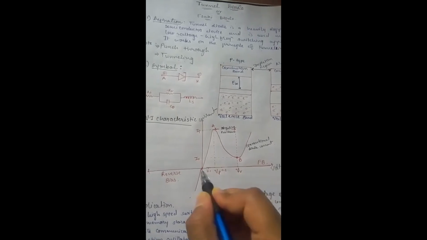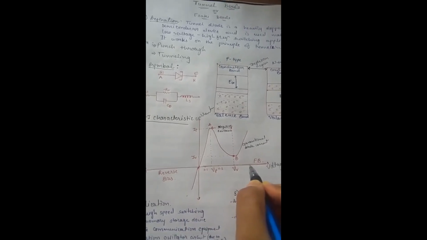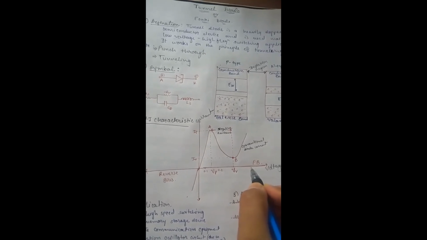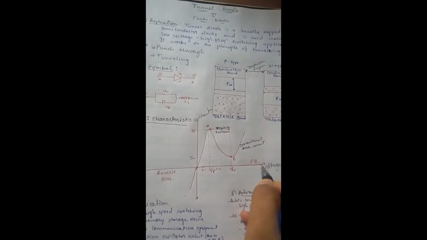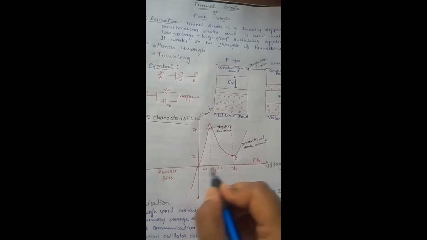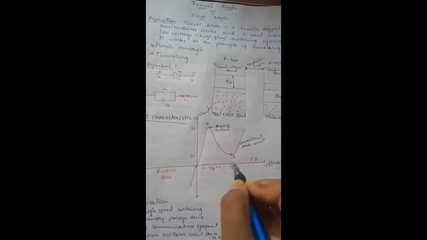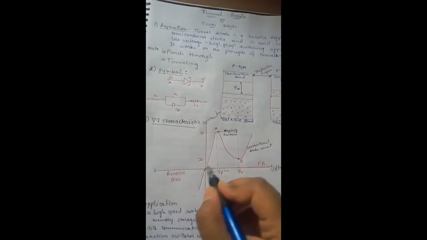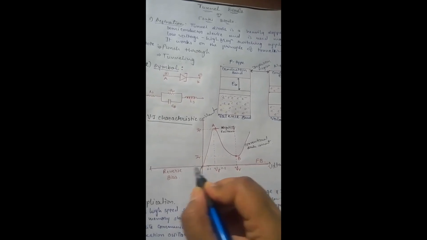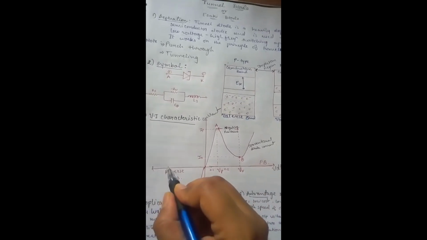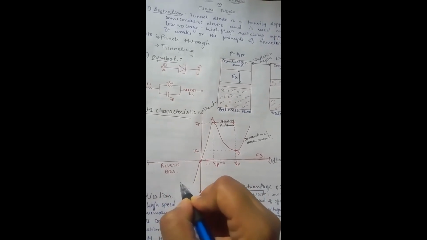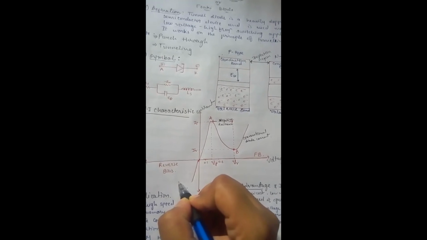This is the x-axis, which gives you a positive value, and here we are putting the voltage, so you will get a positive voltage here. So in the first quadrant you will get a forward bias result, and a negative voltage, meaning the negative cycle, means a reverse bias. So in the third quadrant you will get a reverse bias effect.